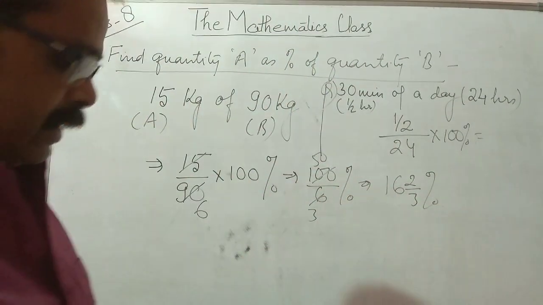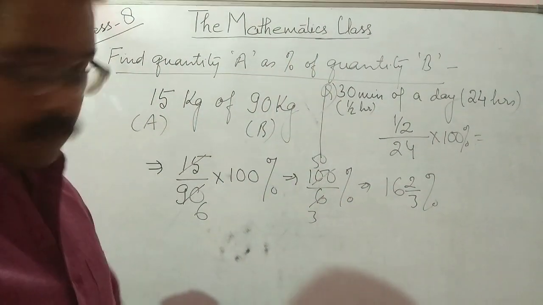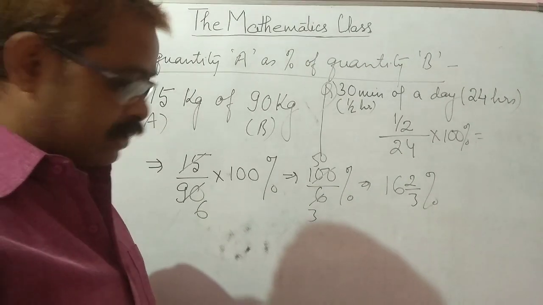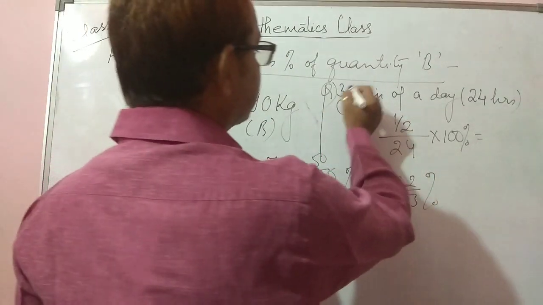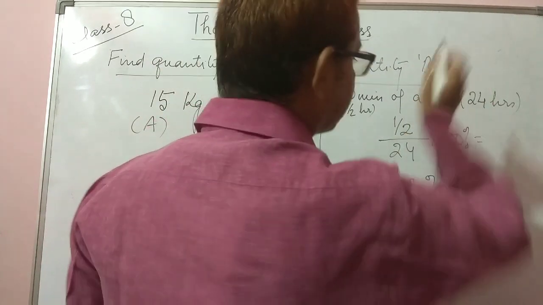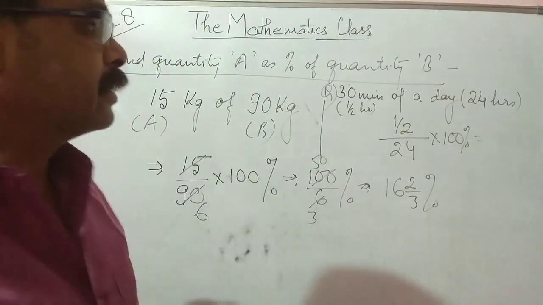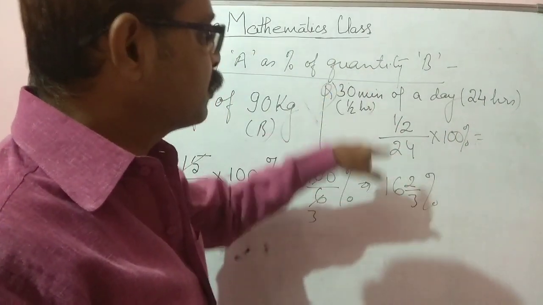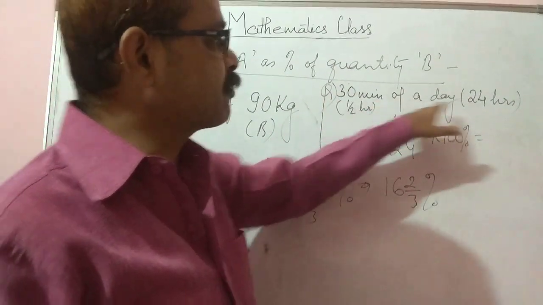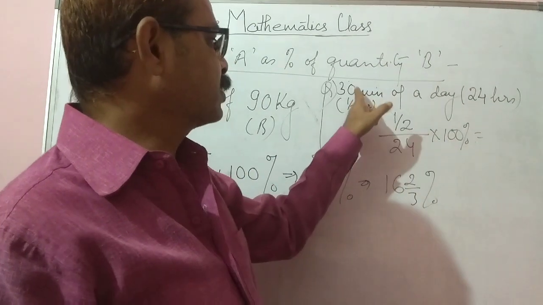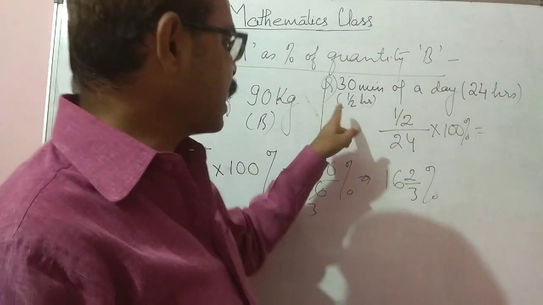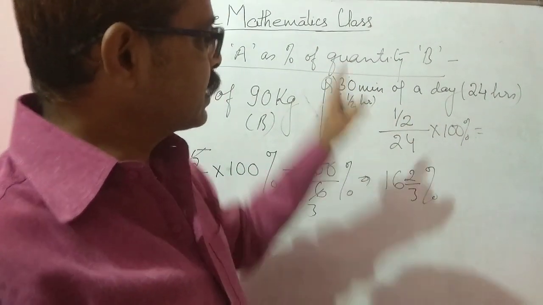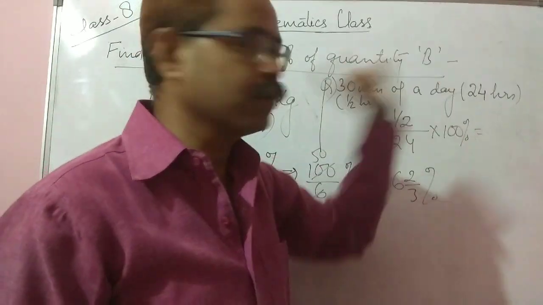We have to find what percent is 30 minutes of a day. We know that in a day there are 24 hours, so the question changes to what percent is 30 minutes of 24 hours. We can convert 30 minutes into hours, so that is half an hour. So what percent is half an hour of 24 hours?